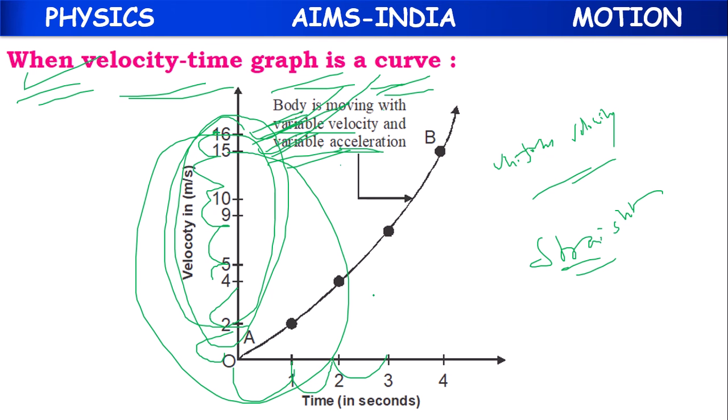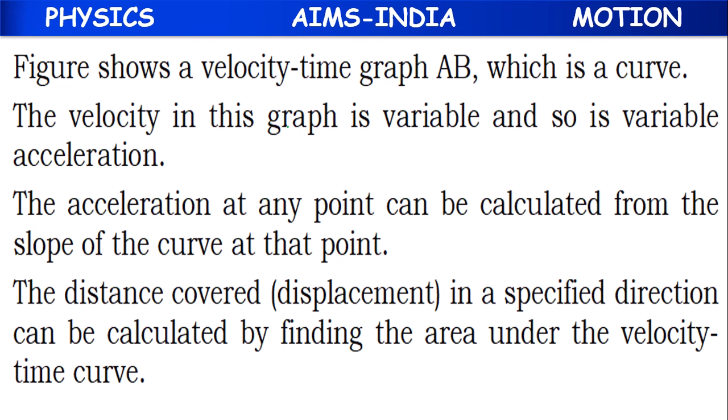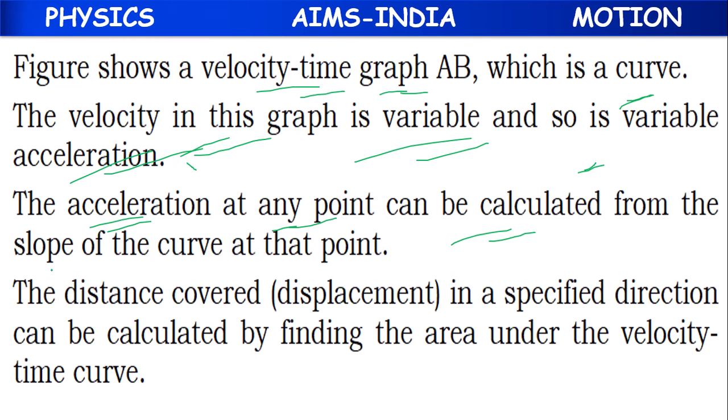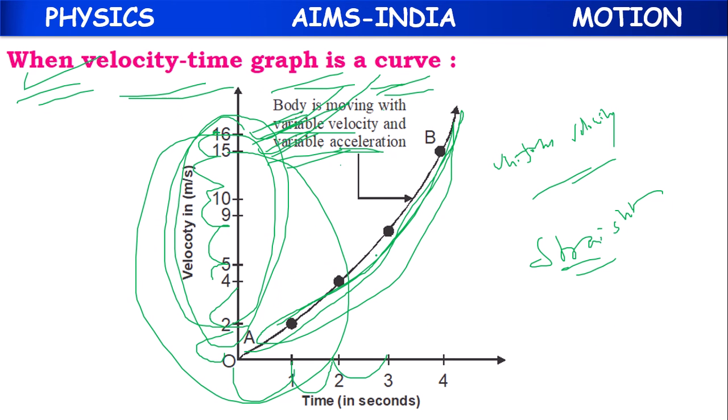So here AB is a graph which is a curve. AB curve is the velocity time graph, which is a curve. So the velocity will be variable. So acceleration will be variable. So acceleration at any point can be calculated from slope of curve at that point. If you want to find acceleration, we cannot find for the entire body.